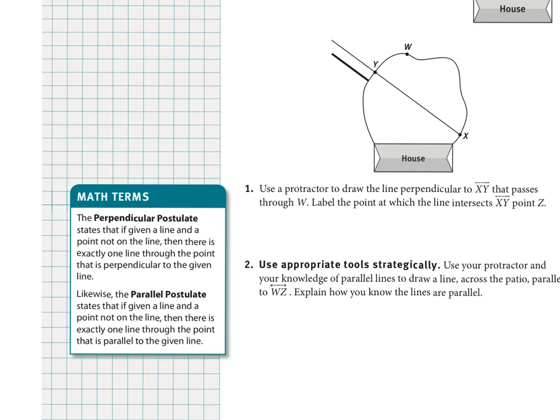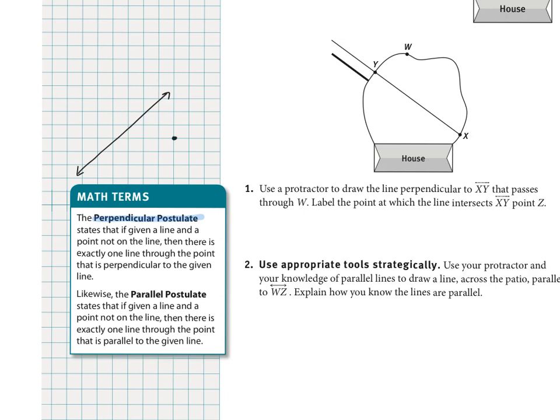So if we look at the margin at the left, it says the perpendicular postulate states that if given a line and a point not on the line, then there is exactly one line through the point that is perpendicular to the given line. So let's just draw a picture of this. Let's say we have a line and we have a point not on the line.